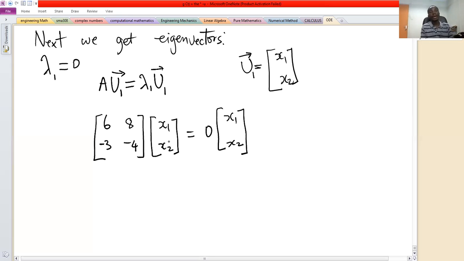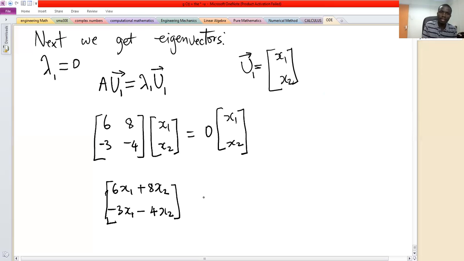Remember, x1 and x2 are the unknowns for us to solve, and they're just real numbers. So let's carry out this multiplication. I'll have 6x1 plus 8x2, and then minus 3x1 minus 4x2. This is what we get on the left-hand side, which should give us 0 times x1, which is 0, and 0 times x2, which is 0.